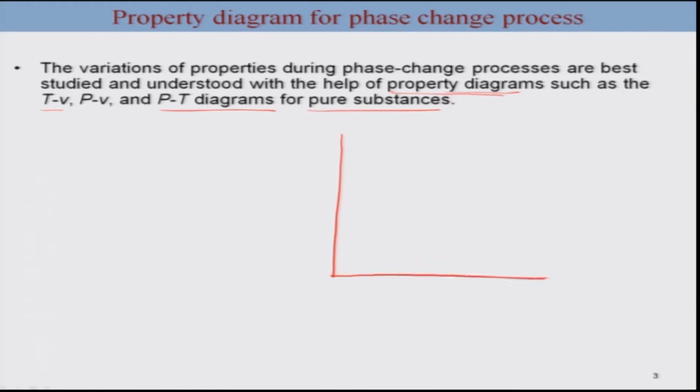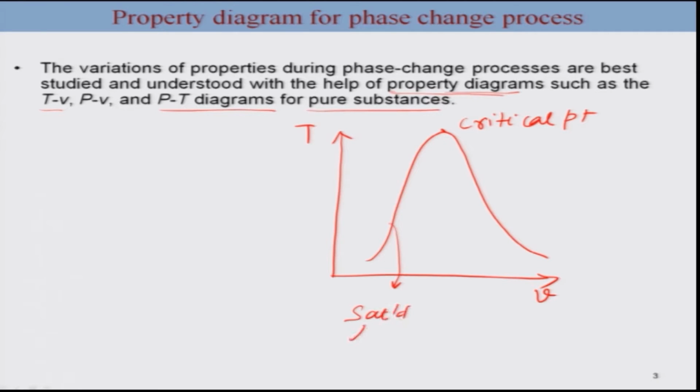So this is your temperature and this is your specific volume. Okay, this is how it's going to look for a pure substance. This here is a critical point. Now the lower side one is going to be a saturated liquid.